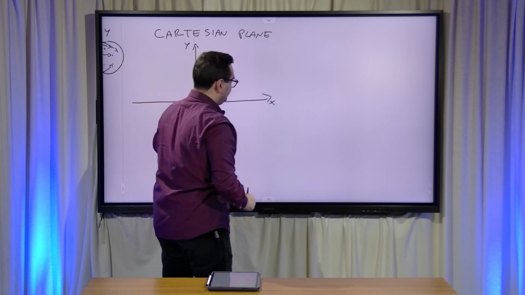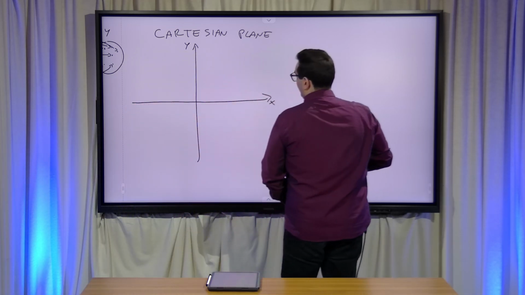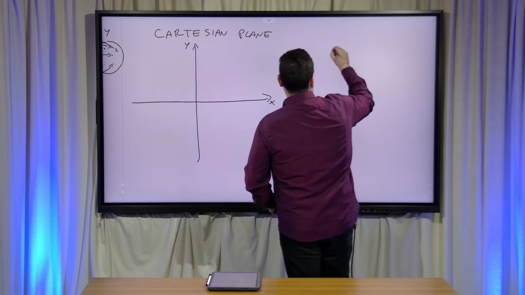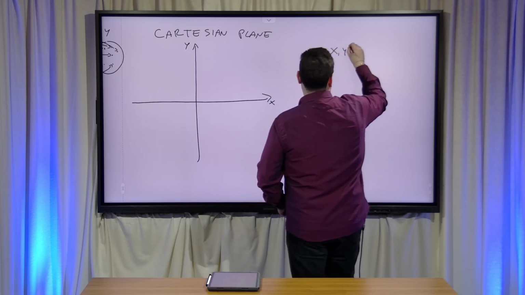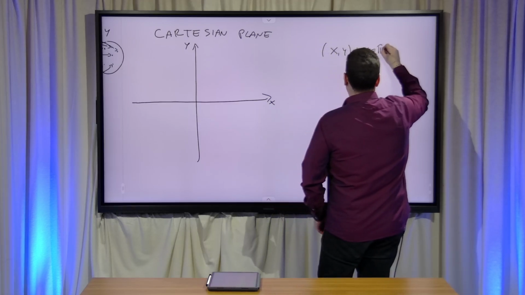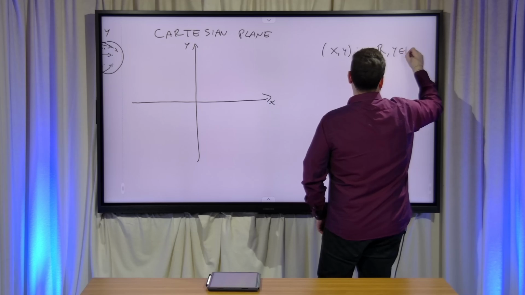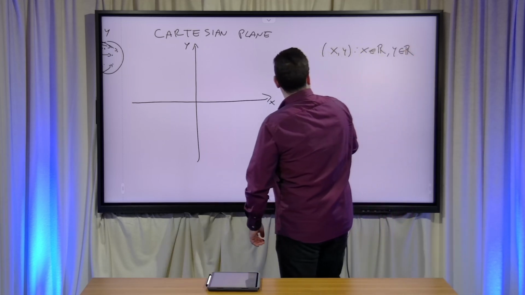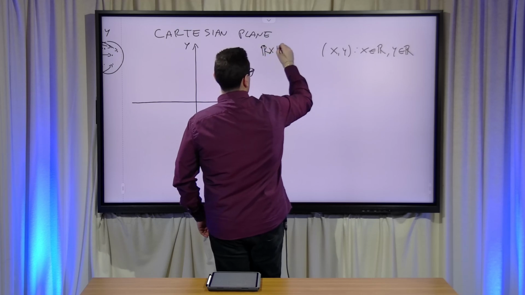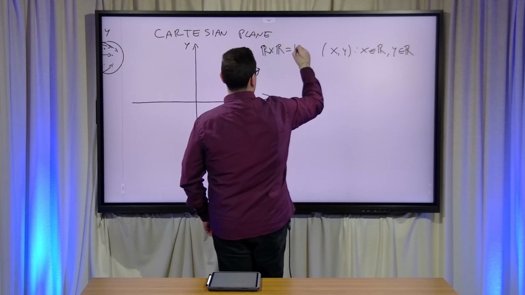These are the axes of the Cartesian plane, and we can define the Cartesian plane as all the points x and y, such that x belongs to R and y belongs to R. And I can define the Cartesian plane in this way.